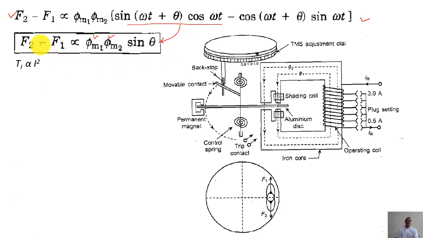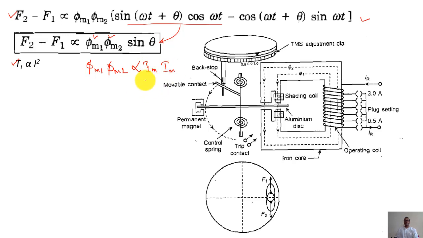Okay. So this F2 minus F1 is directly proportional to the induced torque, and therefore I can say the induced torque Ti is directly proportional to I square, because phi m1 and phi m2 can be written as Im into Im.